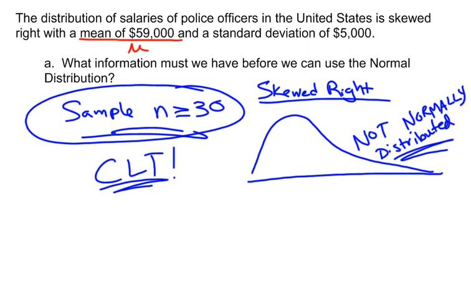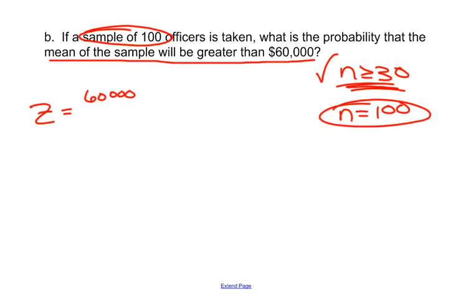Okay, that's mu right there. Standard deviation of 5,000 was sigma. So we're going to apply this in our formula down here. 60,000 minus 59,000, and we're going to divide that by sigma, which is 5,000, over the square root of n, which is 100.